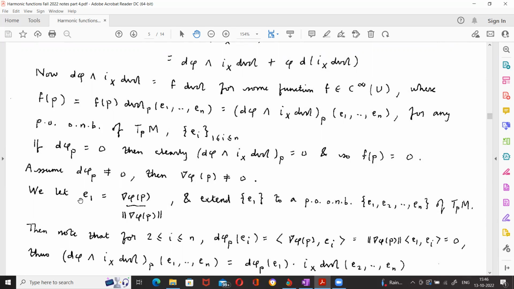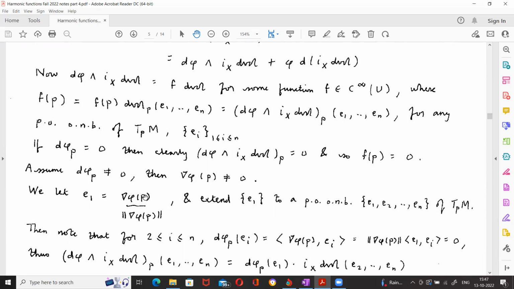We let the first vector e_1 be grad phi divided by norm grad phi. We can do this because we're assuming grad phi is non-zero. Then we extend this e_1 to a positively oriented orthonormal basis e_1, e_2 up to e_n. So my first vector e_1 is grad phi divided by norm grad phi, and the other vectors e_2 to e_n are therefore orthogonal to grad phi.